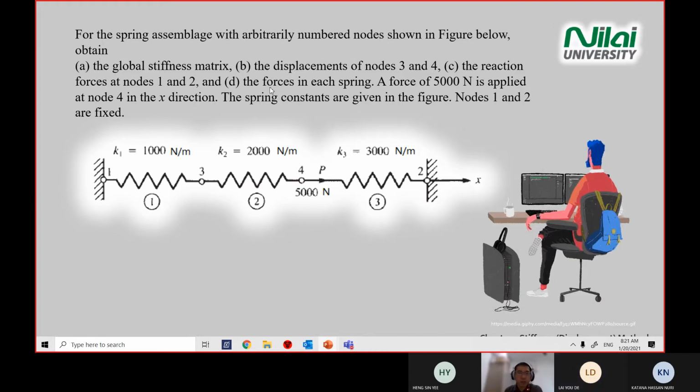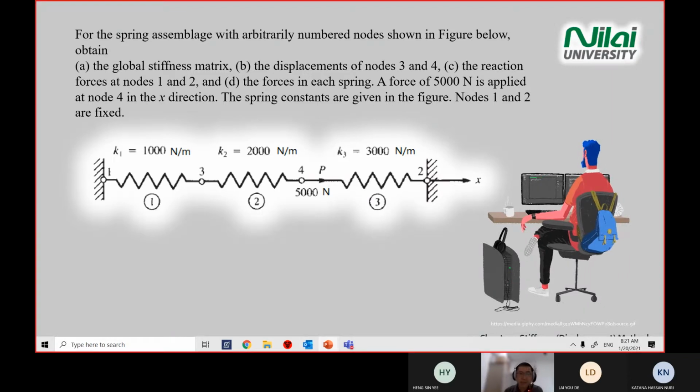Okay, then number 2, B, the displacement. What is the alphabet that you use for displacement in the X direction? It's U. Correct, excellent.